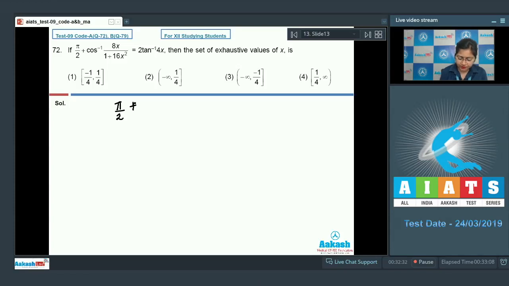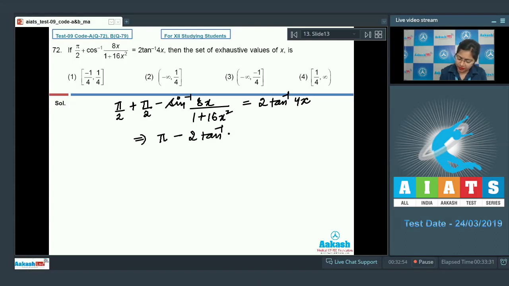So it will give me pi by 2 plus pi by 2 minus sin inverse 8x upon 1 plus 16x square is equal to 2 times tan inverse 4x. That is, from here we get that pi minus 2 times tan inverse 4x is equal to sin inverse 8x upon 1 plus 16x square.